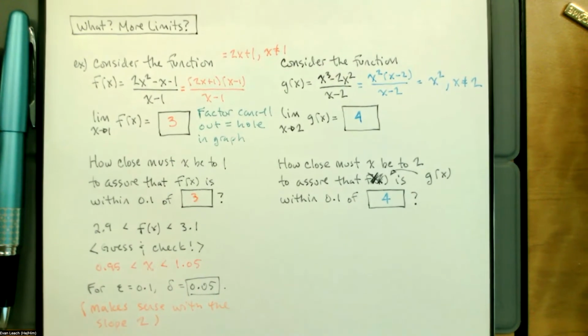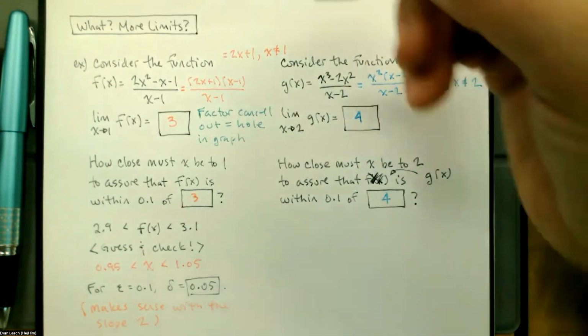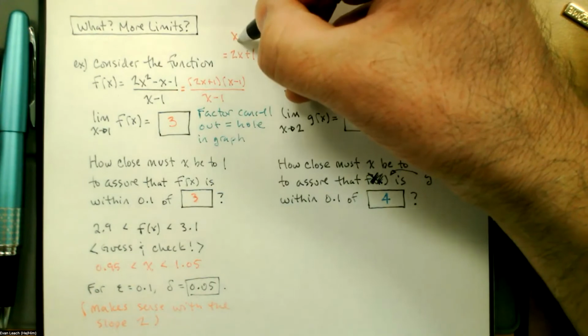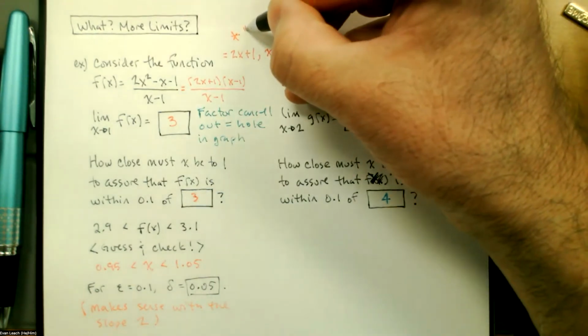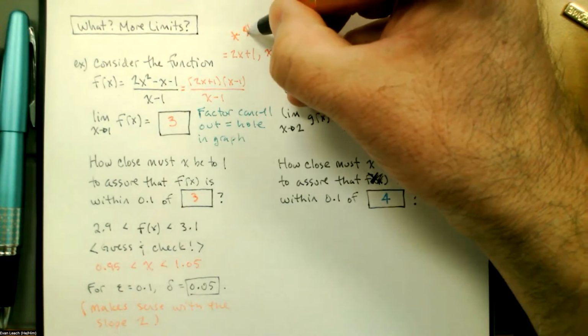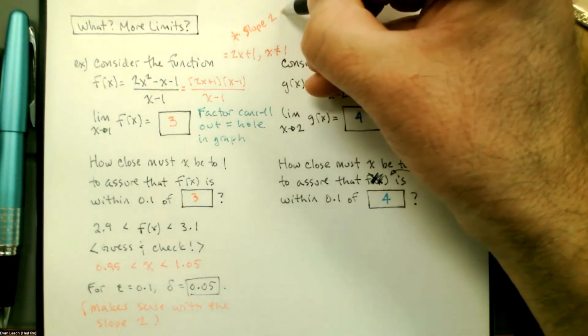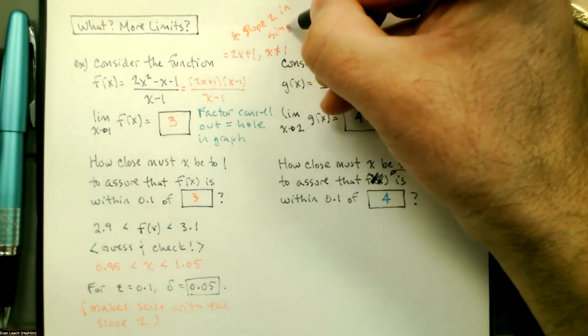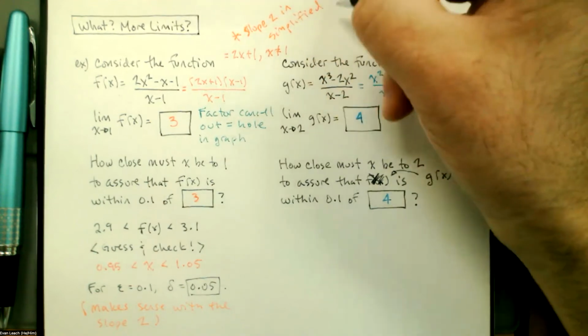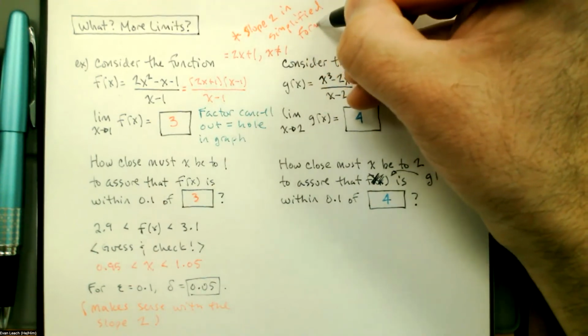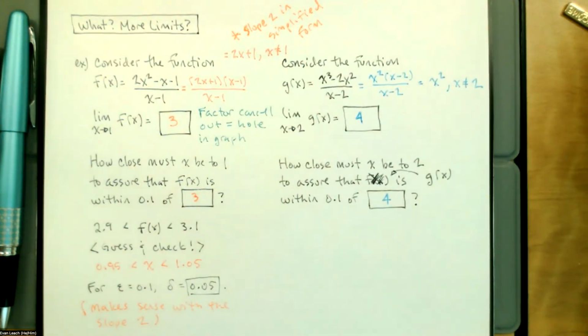When I talked about the slope equaling 2, I'm only referring to the simplified form. So in the simplified form, we have the 2x plus 1, so we have a slope of 2. Let's talk about why the slope of 2 tells us that it's going to be 1/2. Our delta is going to be 1/2 of our epsilon. So to do that, let's draw a picture of our graph.